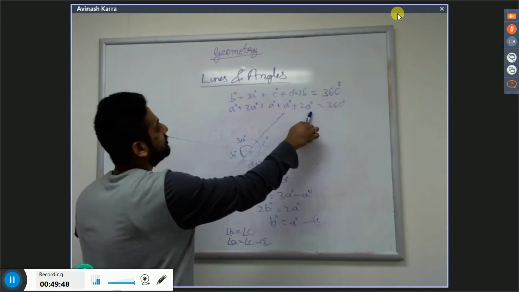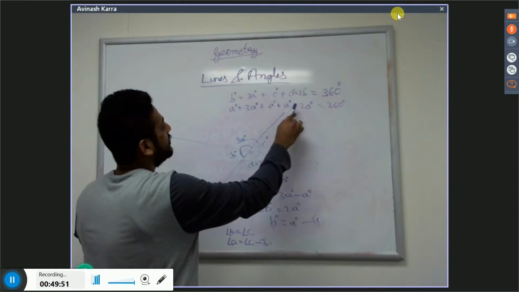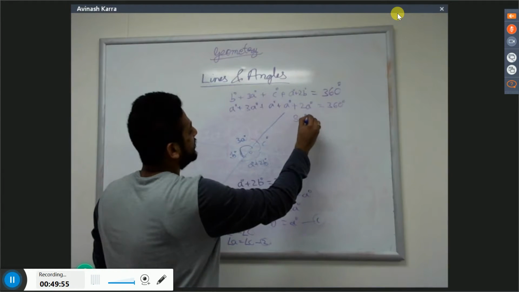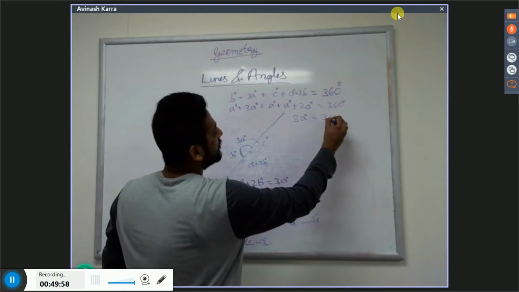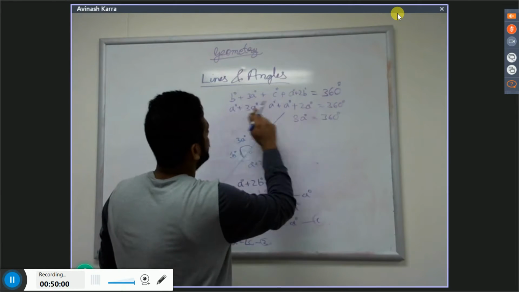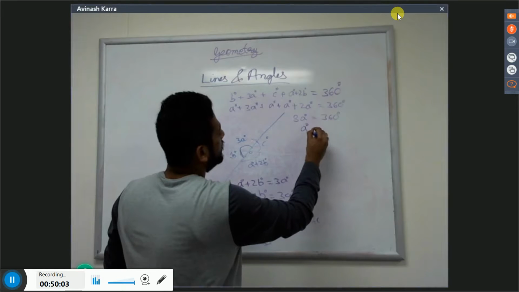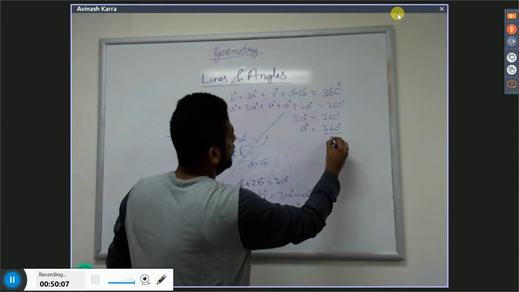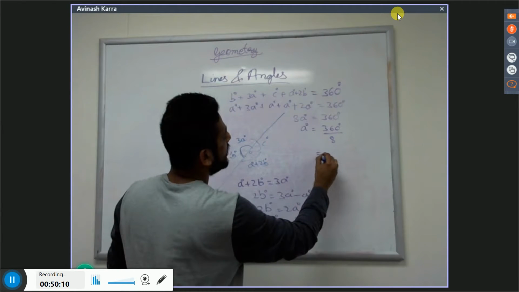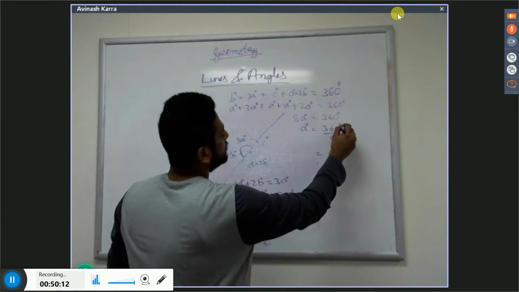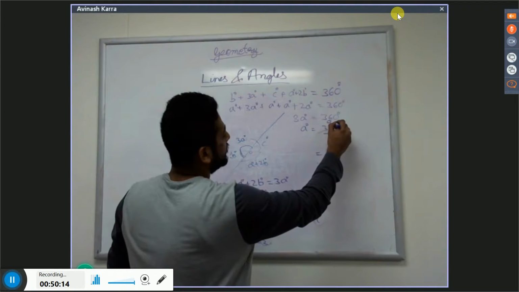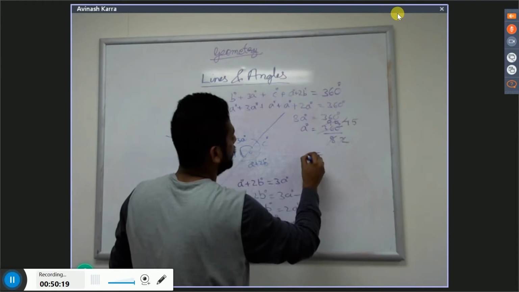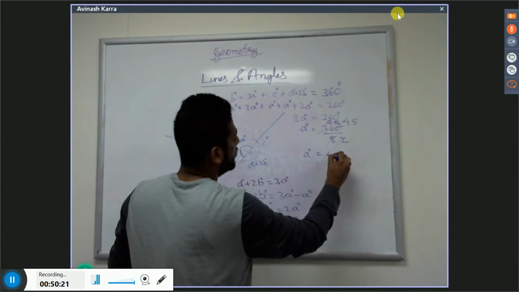When you add all this, 3A plus 2A, 5A, 6A, 7A, 8A. Is it right? 3 plus 2, 5, 5 plus 3, 8. Yes. A degrees is equal to 360 degrees by 8. When you simplify it, 45. So A degrees is equal to 45.